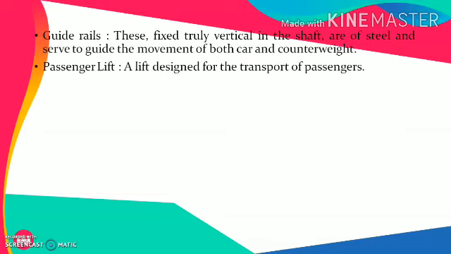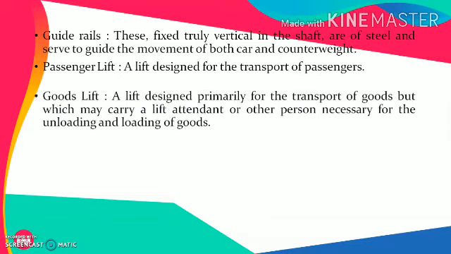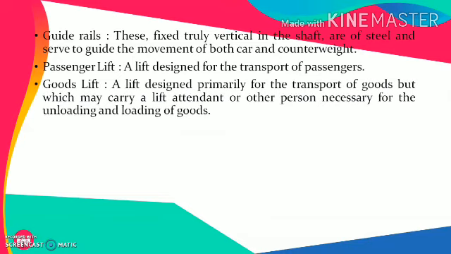Now, passenger lift. A passenger lift is a lift designed for the transport of passengers only. So in this lift, generally the passengers along with a very small amount of goods they are carrying is permitted. Second is a goods lift. It is a lift designed primarily for the transport of goods, but which may carry a lift attendant or other person necessary for the loading and unloading of the goods.